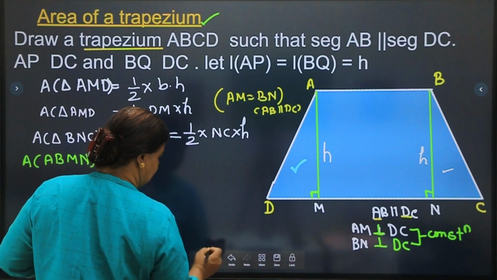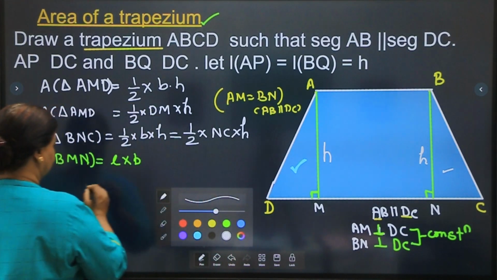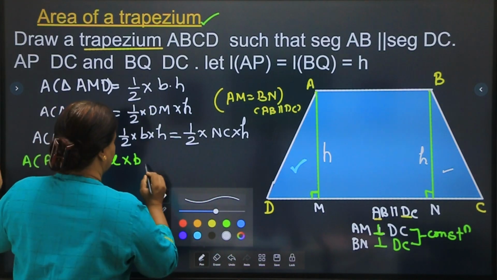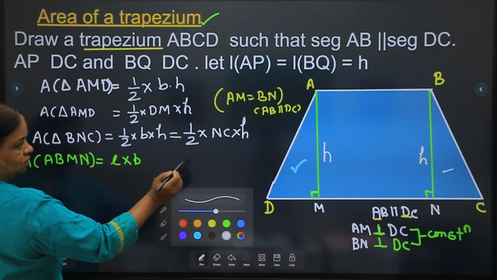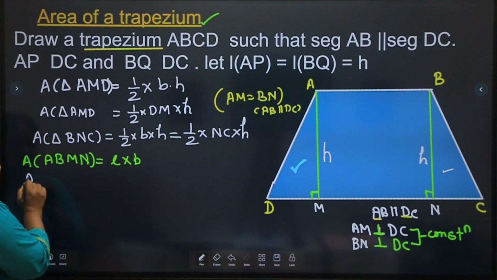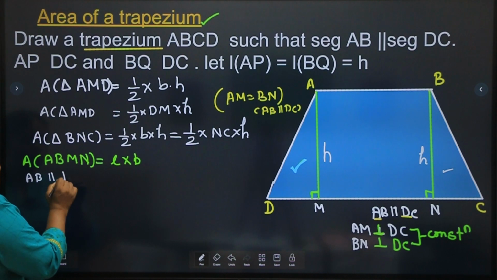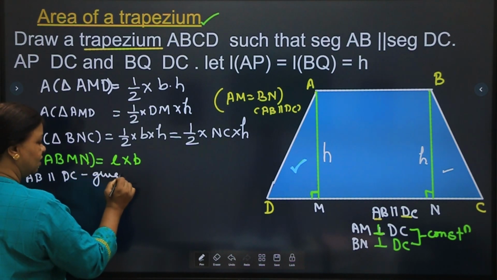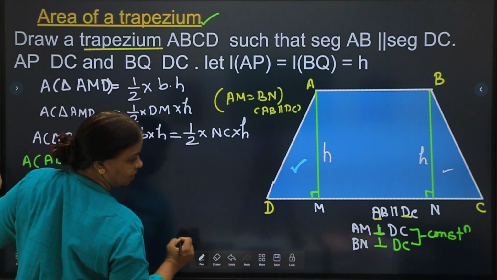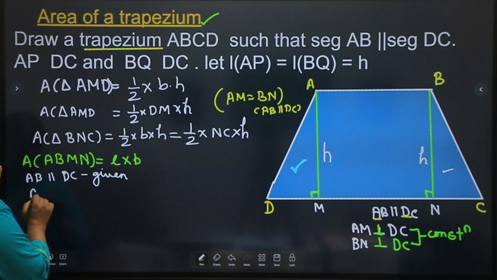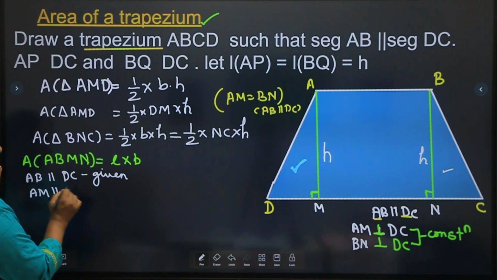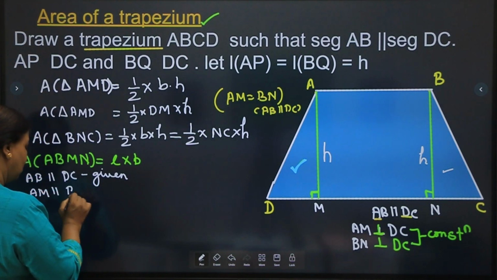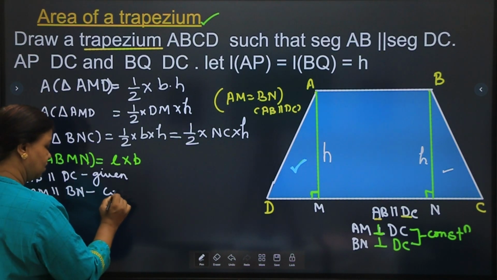Okay, I can say here, length into breadth, and we can say that AB is parallel to DC, already given, opposite sides are parallel. AM is parallel to BN, we have done the construction.